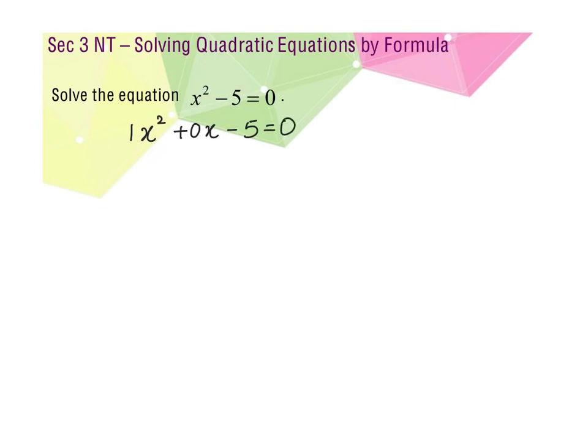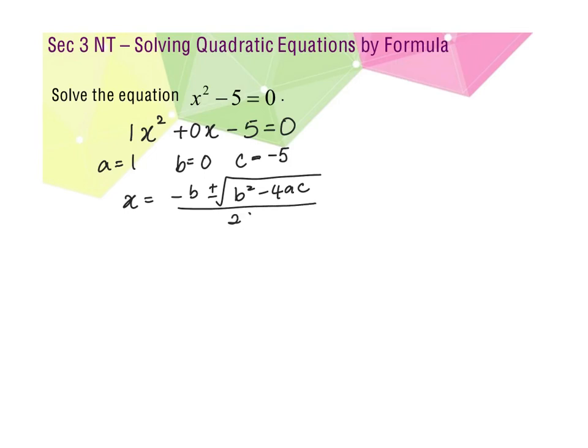And we will have our a, b, and c. a is 1, b is 0, and c will be negative 5. So we still can use our formula. x equals negative b plus minus square root of b squared minus 4ac over 2a.